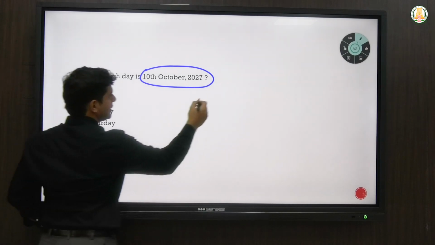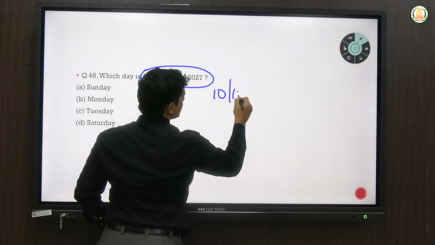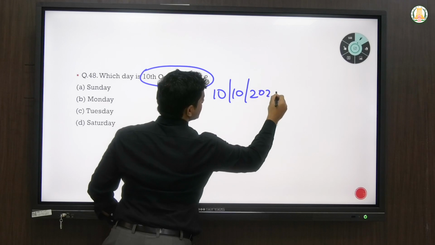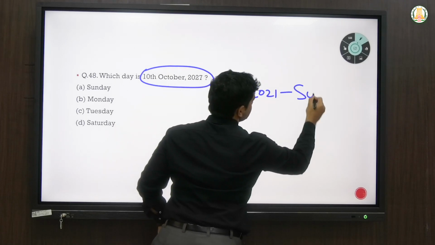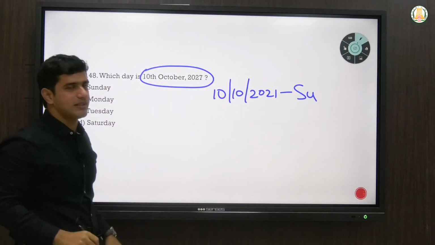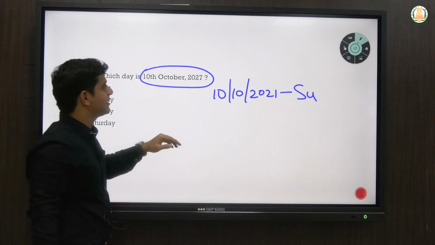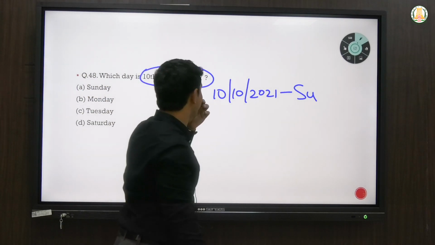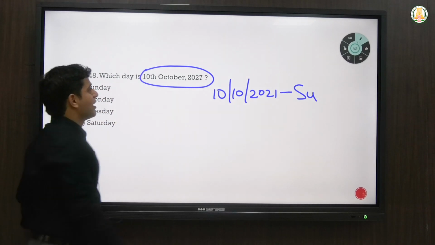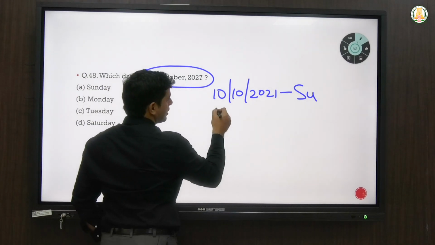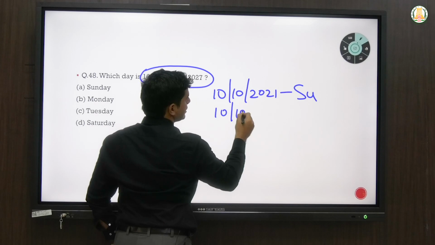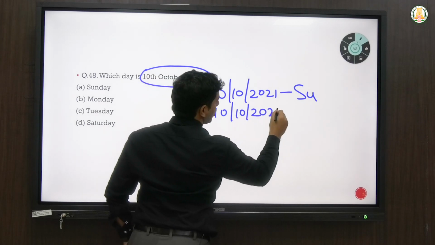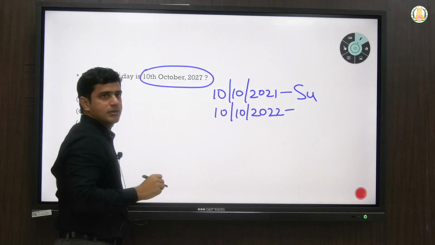So 10th October, 10/10/2021 was a Sunday. Yeah. So he's asking after 6 years. So someone who's giving his 7th attempt might be again writing then. So let's see. So next will be what? 10/10/2022. What date will be? Monday.